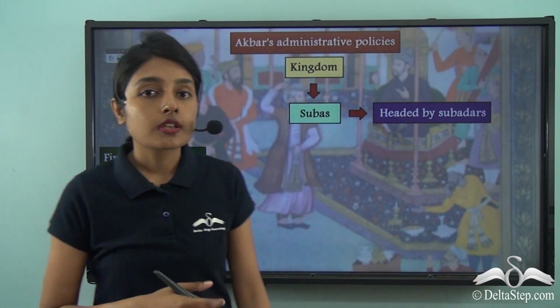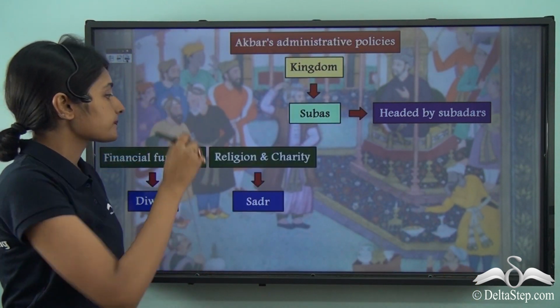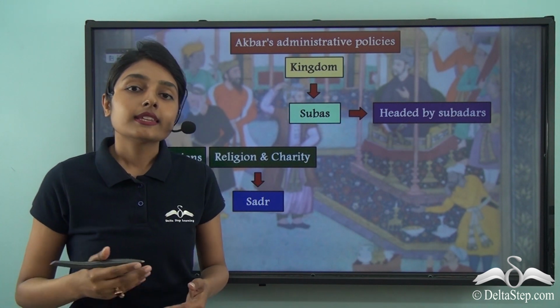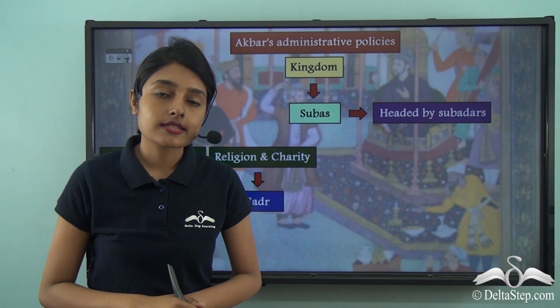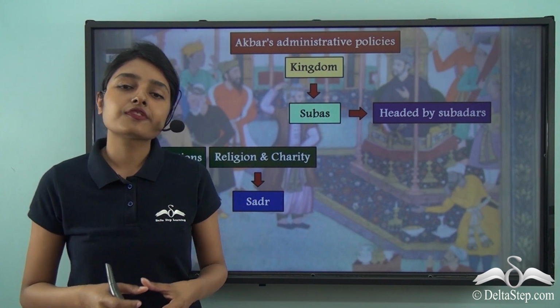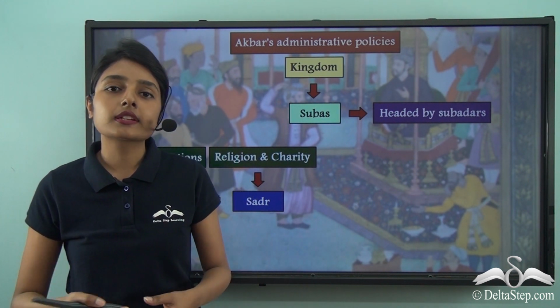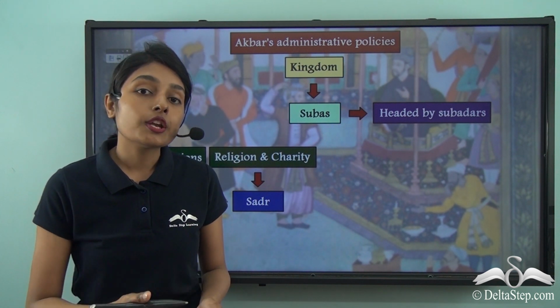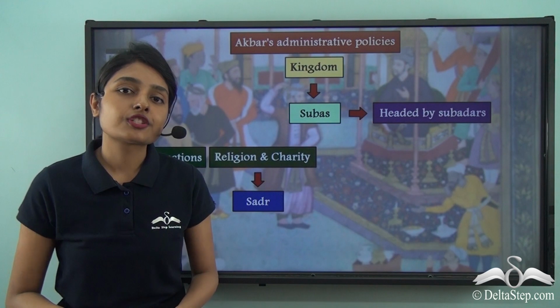After this, when many people stayed together in the Subas, they had their own religions. And different kinds of disputes also arose among these people. So various kinds of disputes on religious matters had to be settled.